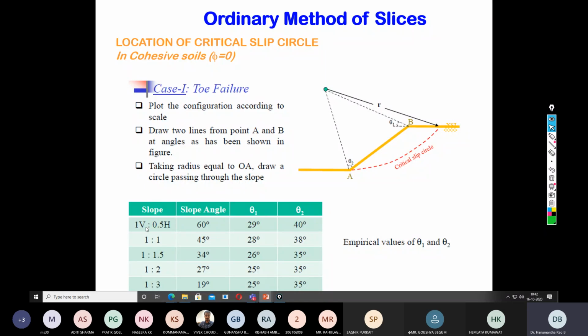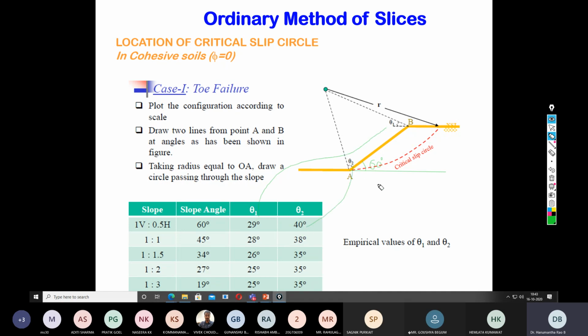For example, if you wish to consider one vertical to 0.5 horizontal, the slope angle is approximately 60 degrees. This 60 is not theta 1 or theta 2. This angle is called the slope angle. If the slope angle is 60, then theta 1 is this one and theta 2 is this one.